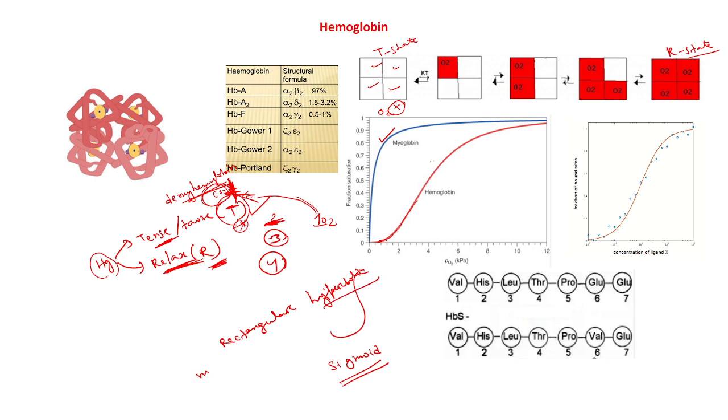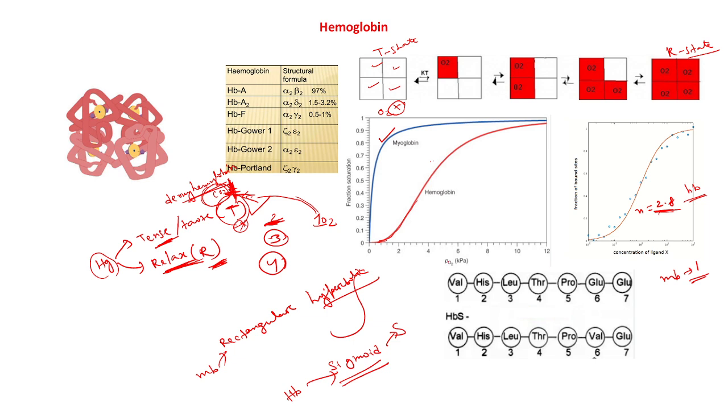In case of the hemoglobin, the curve is the S shape or the sigmoid one. So this is the Hill coefficient, and here the Hill coefficient n is 2.8, while in the myoglobin the Hill coefficient is 1. The Hill coefficient is 2.8 in the case of the hemoglobin.